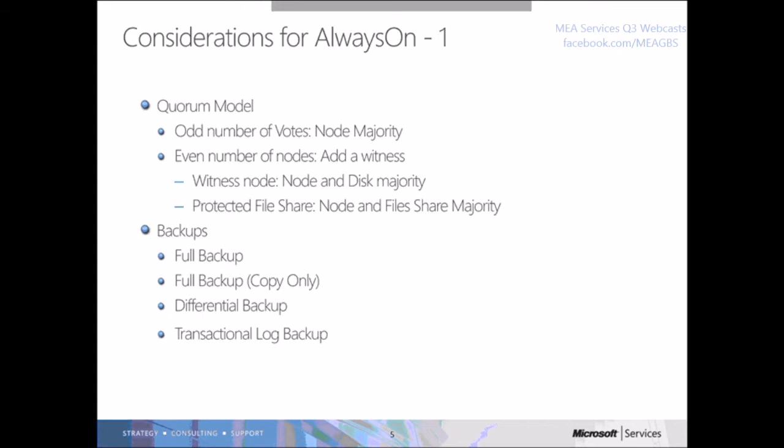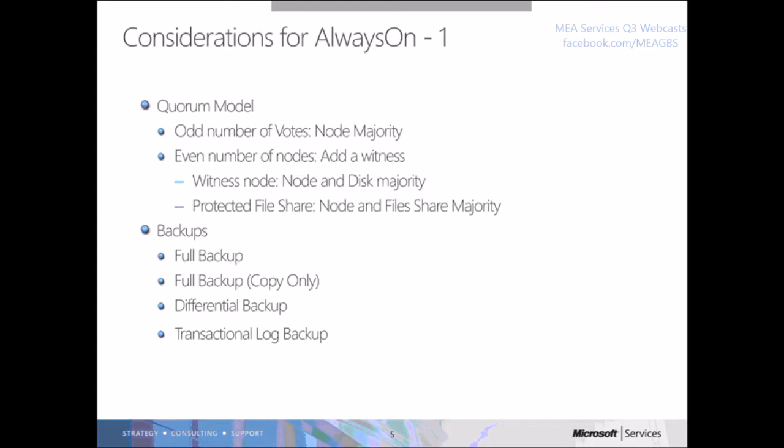The default quorum model that is implemented when the cluster is configured depends on the number of nodes, whether they are even or odd. If the number of nodes is even, and if shared storage is available, the default model is node and disk majority.